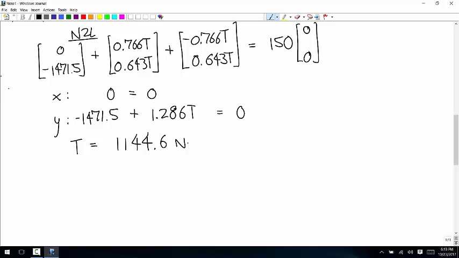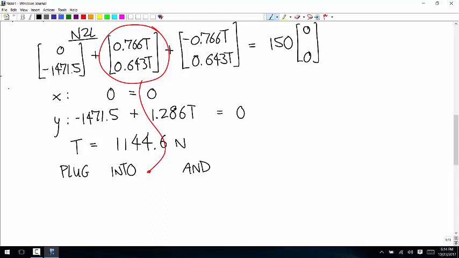But to get the force vectors, you take that T and plug it back into those force vectors in Newton's second law. So this over here is the force vector applied to the right of the mass, and this is the force vector applied to the left of the mass. All we have to do is plug this value into those. So plug it into this, and this.